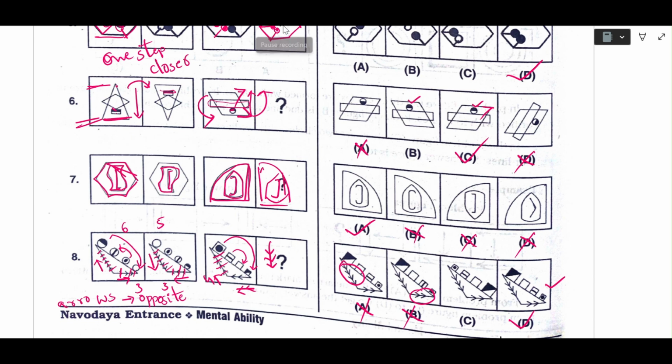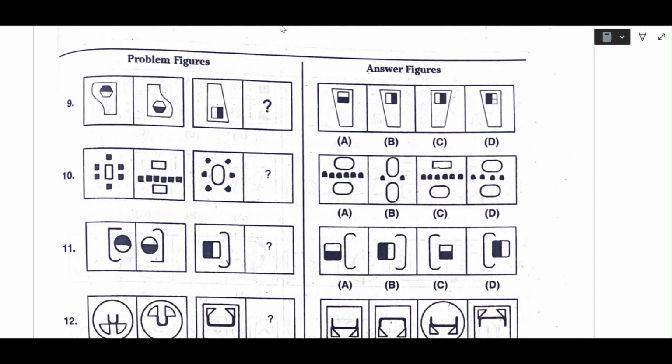Next, problem number 9. Look at the first pair. Let's see what changes happened. First of all, this outer figure became a mirror figure, right? It changed to a mirror figure, and also upside became downside.